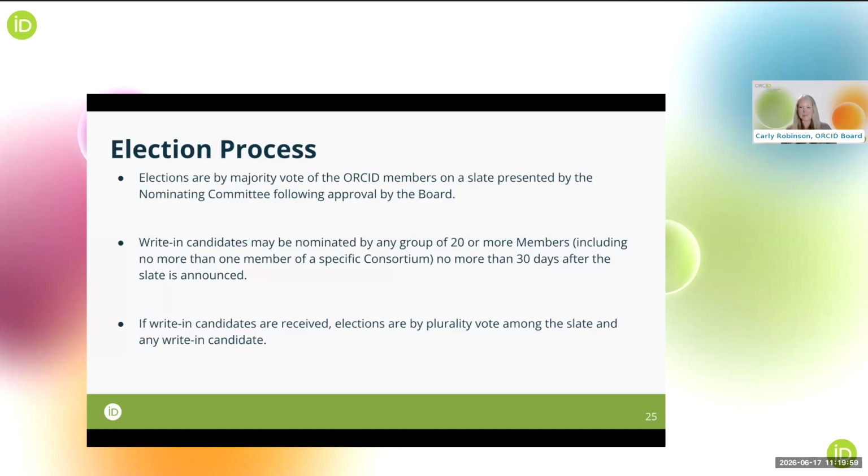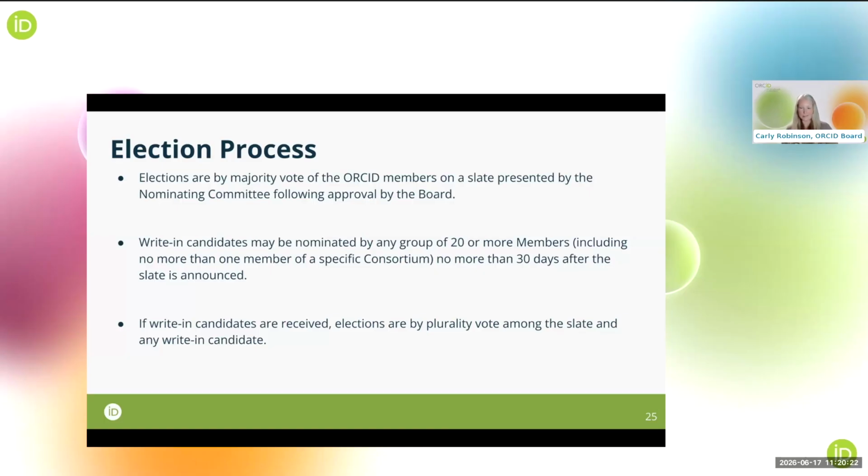At one of the board meetings, the board considers that slate and moves forward with an approved slate. And then that slate goes out to all ORCID members, and they are elected by a majority vote of ORCID members.